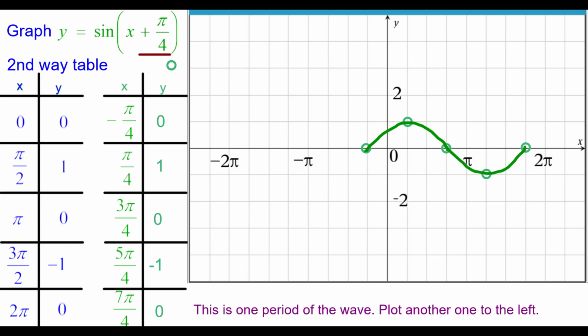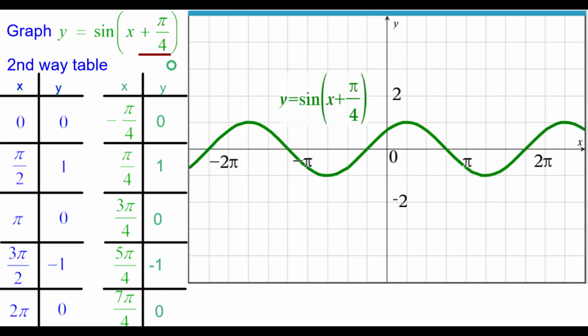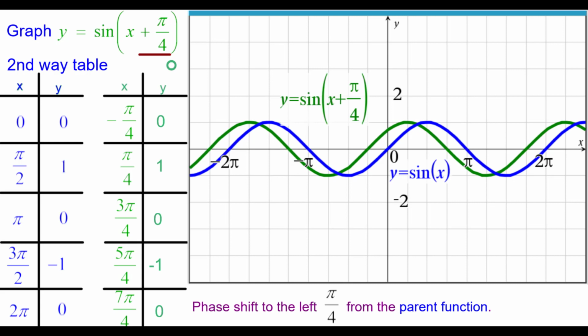We're going to plot another period to the left, going back 2 pi from each of the 5 key points, and connect as another sine wave. Again, it's a phase shift to the left, pi over 4 from the parent function, the blue parent function.